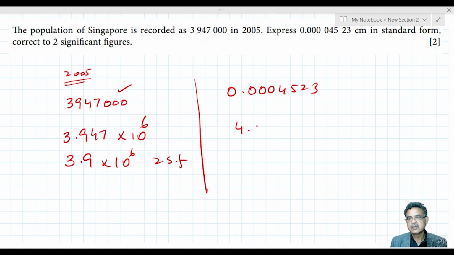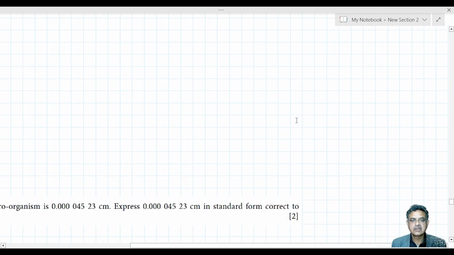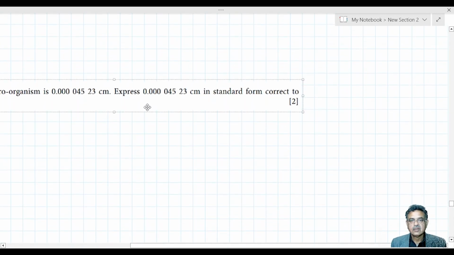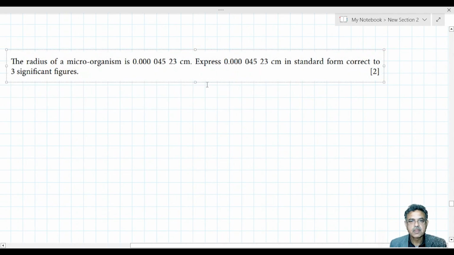It will be 4.523. Now, what will be the power of 10? 3, 4. As you can see that value is increased, so it will be -4 in order to balance that increase in the value. Okay.